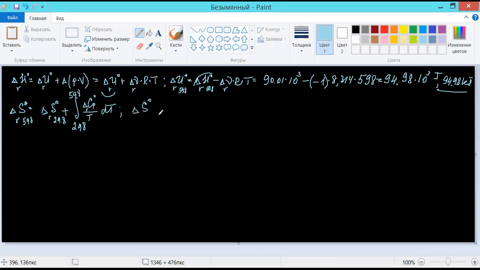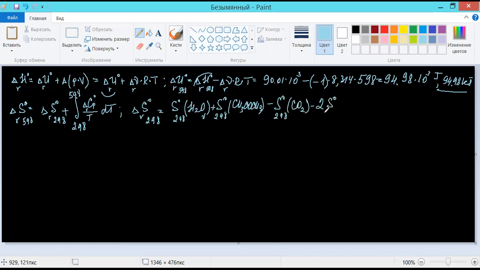Delta S of the reaction at 298 degrees equals S of water vapor plus S of the organic substance minus S of carbon dioxide and minus double S of methane.